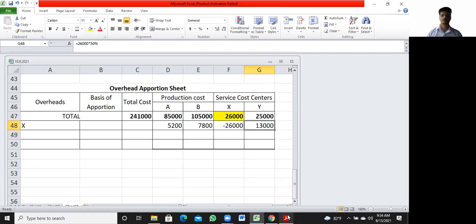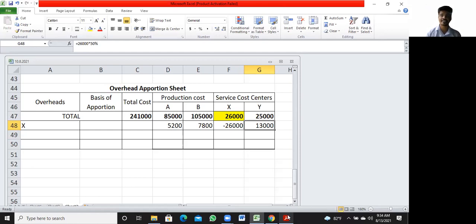Then here we are eliminating the contribution of y towards x. That is known as the elimination method.